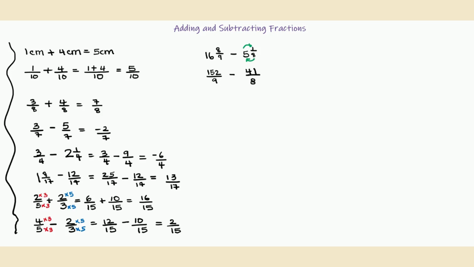Now they do have different units or different denominators, so we will have to change them to be the same. Let us multiply 9 times 8, because then that will give us the denominator we're looking for, which is 72. So 8 times 9 is 72. So I will multiply this by 8, and then I'll multiply this by 9. That way the denominator will be 8 times 9 in both cases.